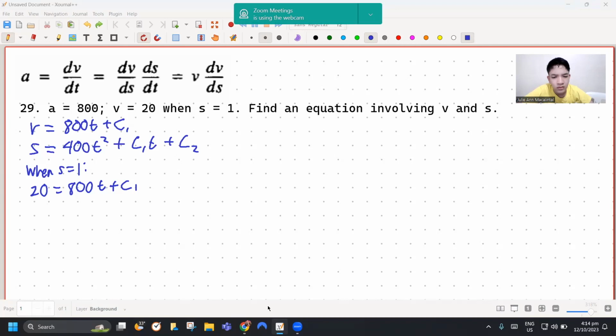Yung exercises na may importante eh. Yeah. So, send ko na. Check ko yung 20.